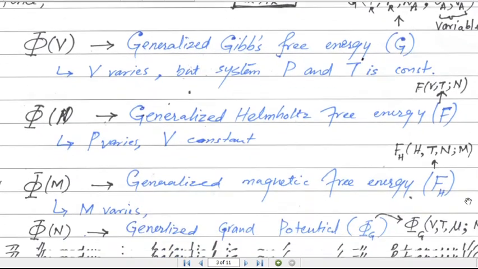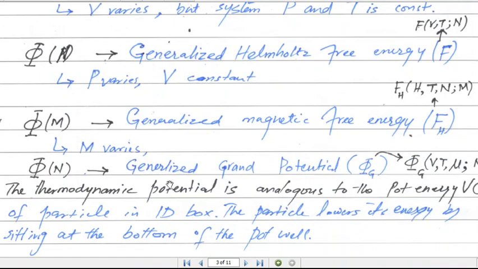Similarly, if we talk about the grand potential, the quantity which varies is the number of particles. In the case of the grand potential, the system of interest is connected to a reservoir which is at temperature T and has a chemical potential mu. This temperature and chemical potential will be those of the system when equilibrium is reached.